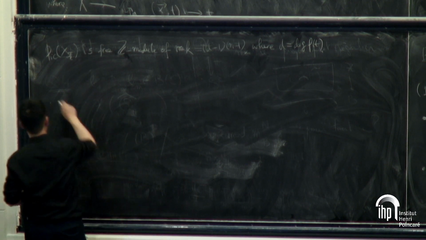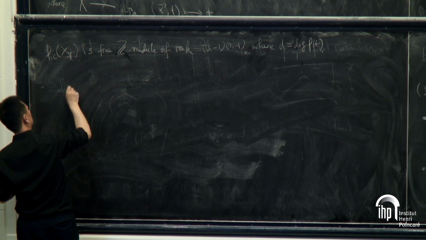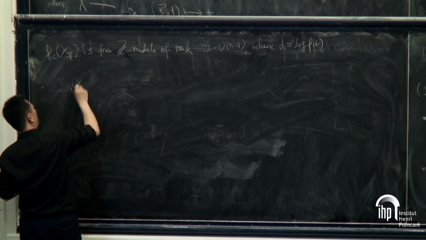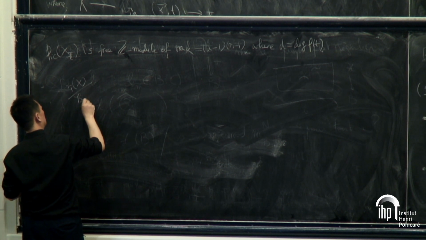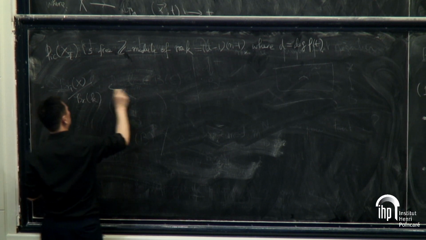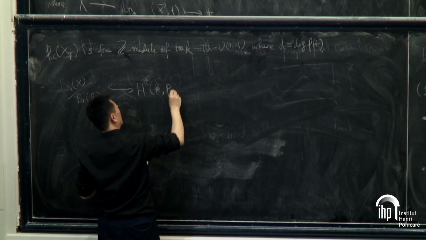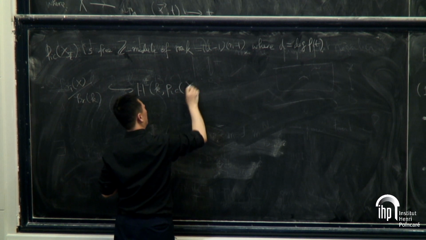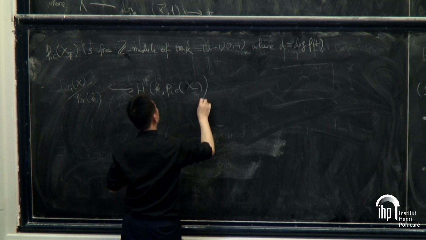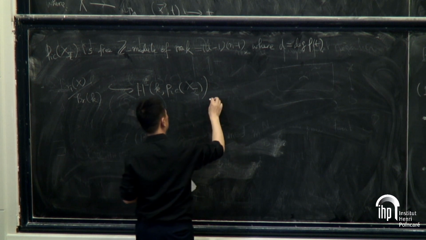Then you will see that you have this Brauer group. Well, the algebraic Brauer group of X over K embeds into this H^1 of K with coefficients in Pic of X bar, and because of this property, this is finite.